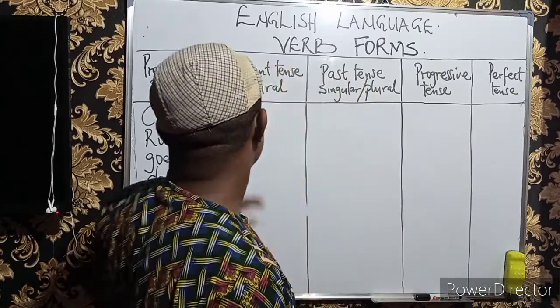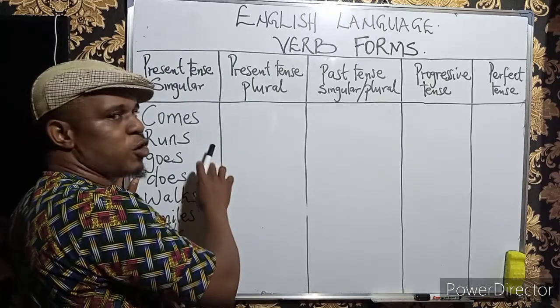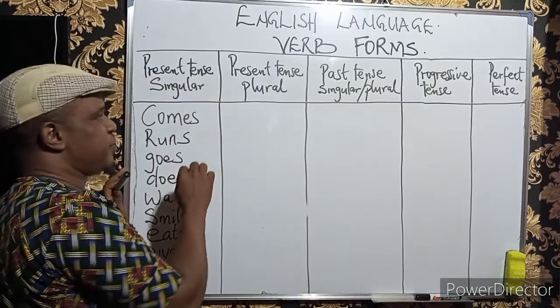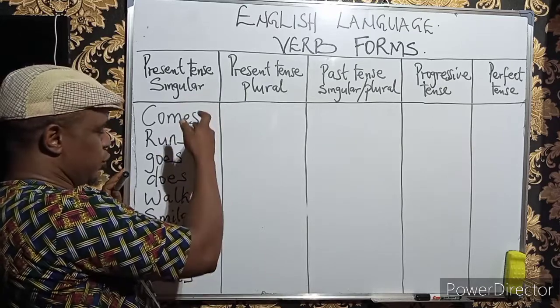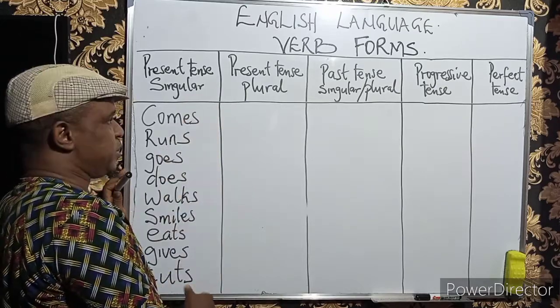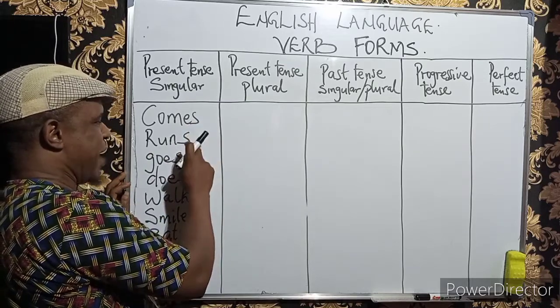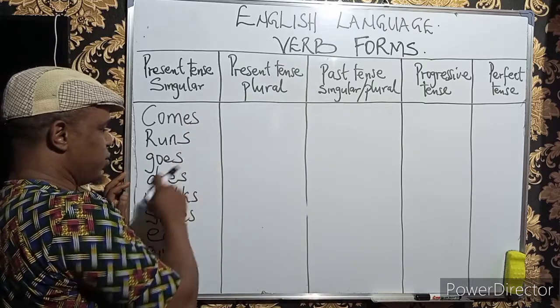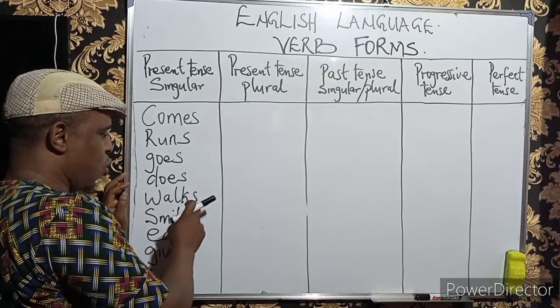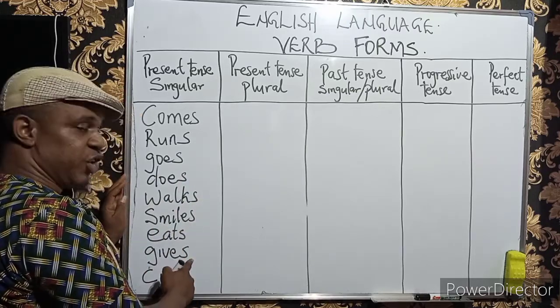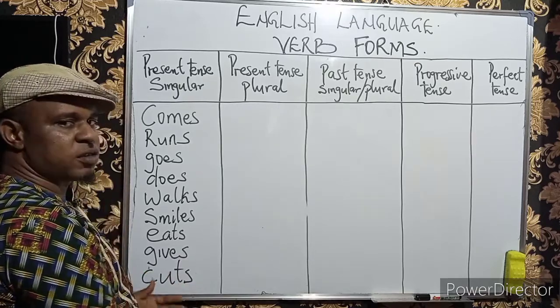All right. Now from the present tense, the first column, which is talking about the present tense forms of the verbs in their singular. If you notice the words that we've obtained here, we have the first one, comes. We have runs, goes, does, walks, smiles, eats, gives, and cuts.